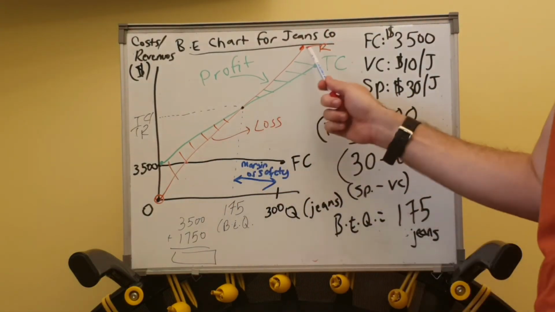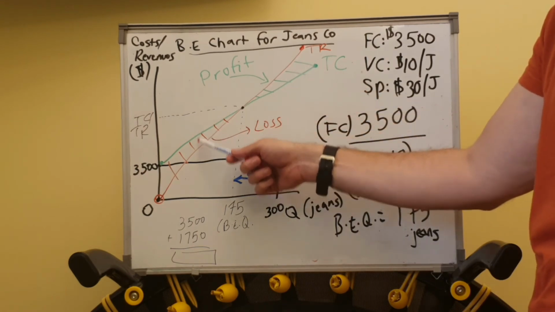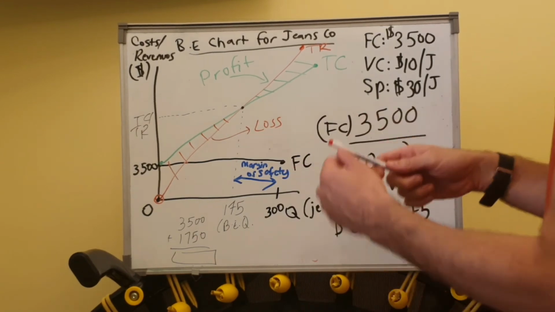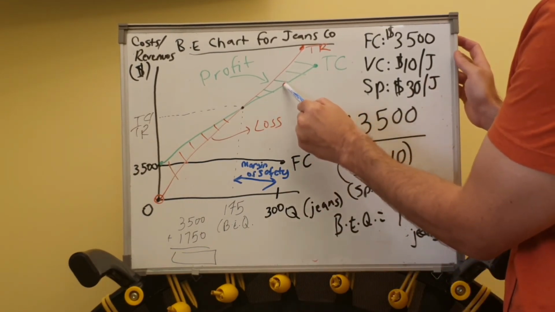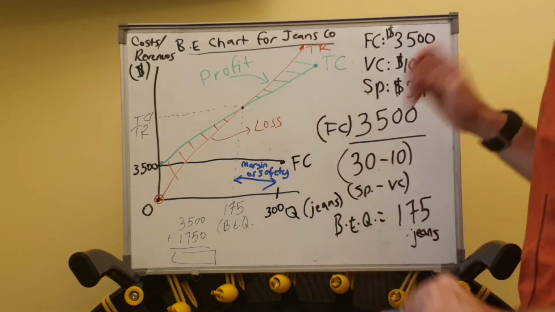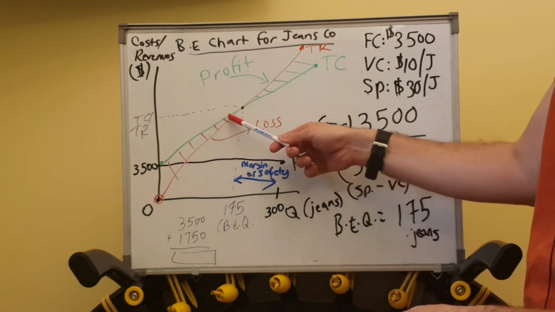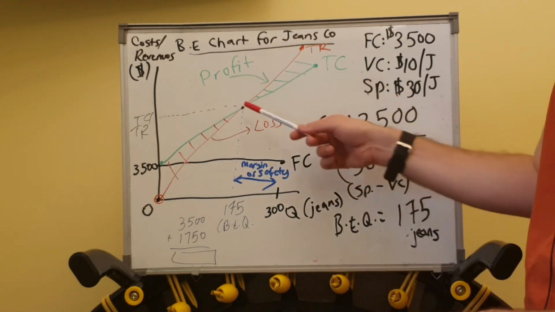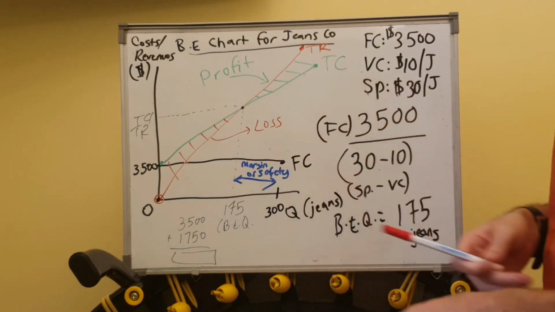If you're earning your total revenue this much, but you're paying your costs this much, you're losing. So it's very logical. While on the other hand, here, look, you're earning this much, and you're only paying that much at this point. So you're making a loss, the loss gets smaller and smaller and smaller, and then you've broken even. Now you're making a profit and it's getting larger and larger and larger the more jeans that you sell.